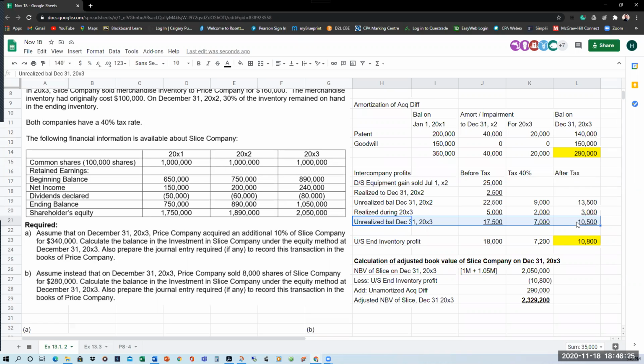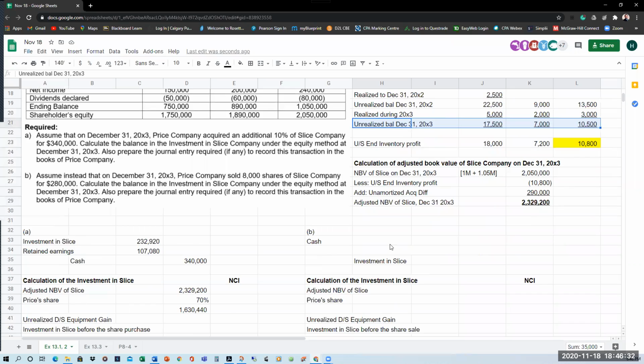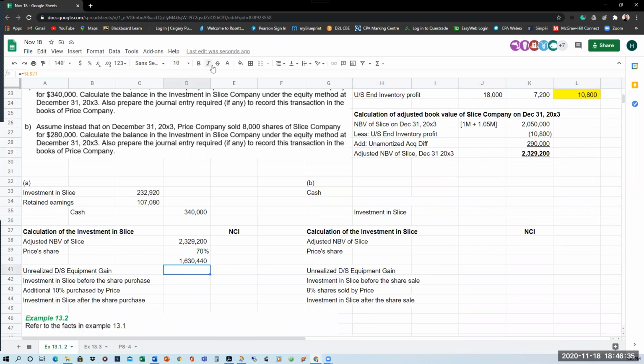So Price Company needs to subtract $10,500, the after-tax amount of the unrealized equipment gain, from its 70% share of Slice's net book value. If you do that, you get investment in Slice before the additional shares were purchased. So 1,619,940 would have been the value of the investment account under the equity method before the extra shares were bought.